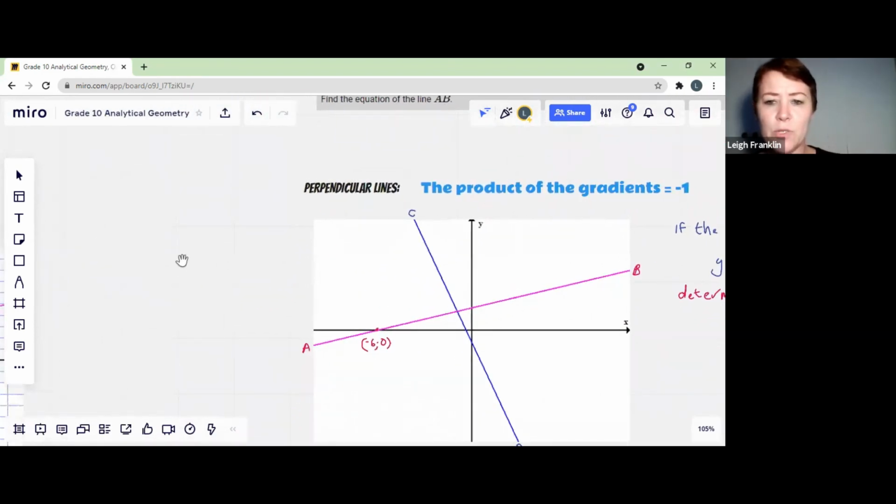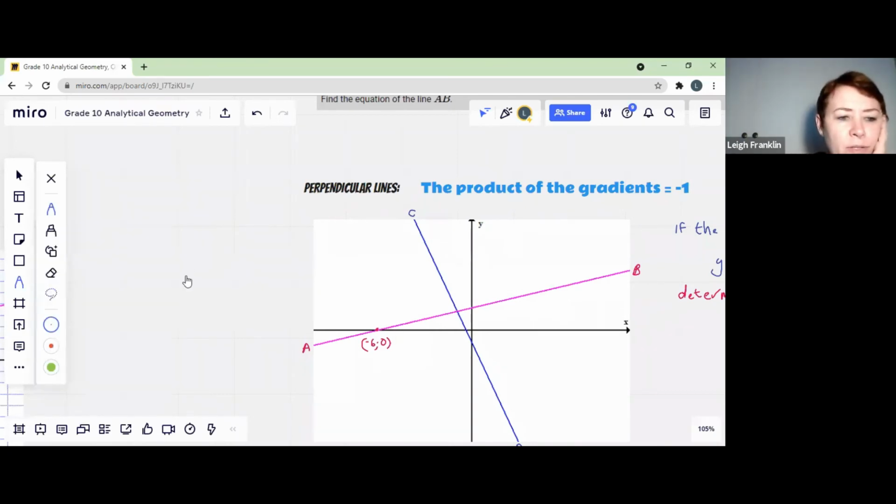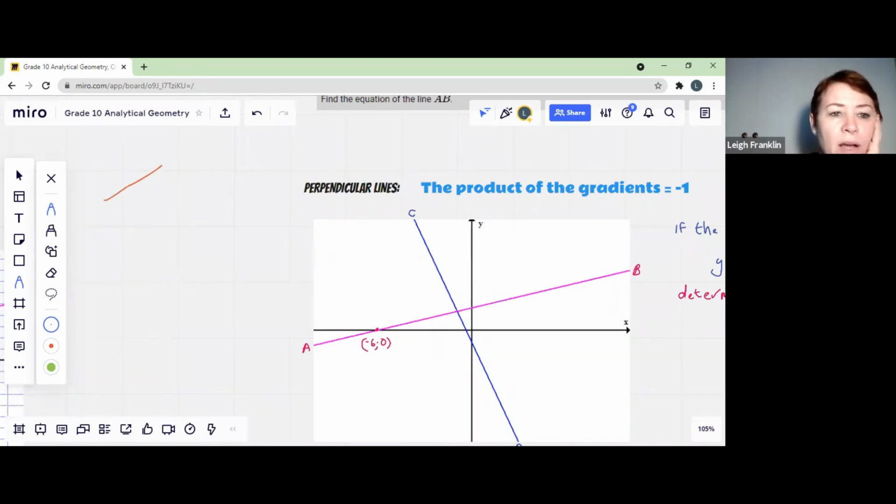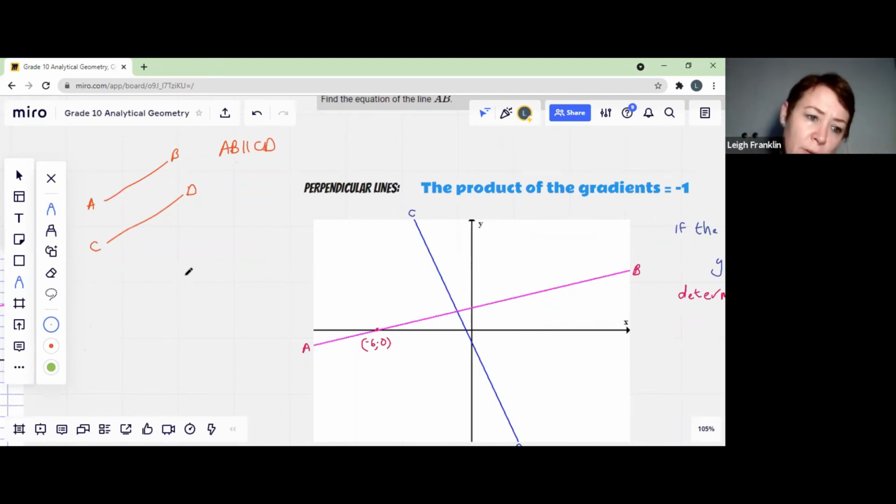Okay, so Nizole and everybody else, when we say that lines are parallel to one another, so if I draw line AB and I draw line CD, if AB is parallel to CD, it means that AB and CD will never meet.